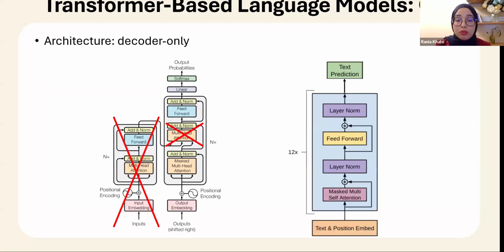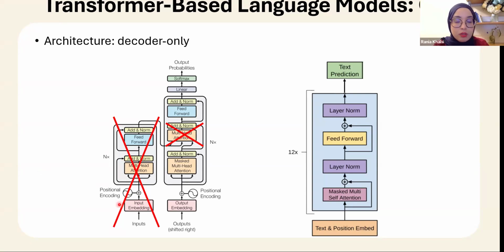So now let's start with GPT. GPT uses only the decoder part of the transformer, like I said. So what happens is that we completely remove the entire encoder block, okay?